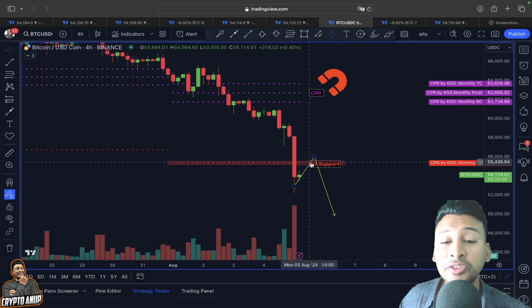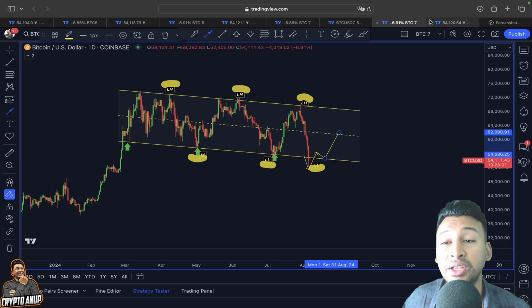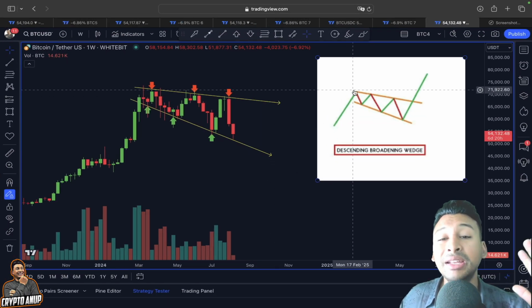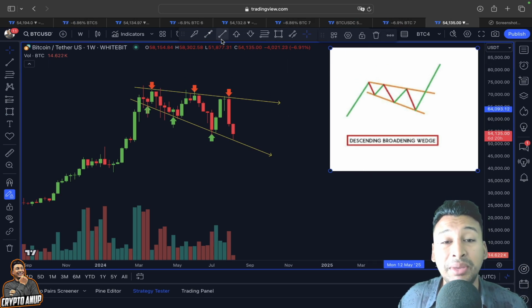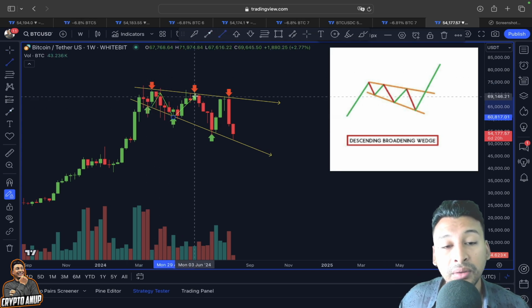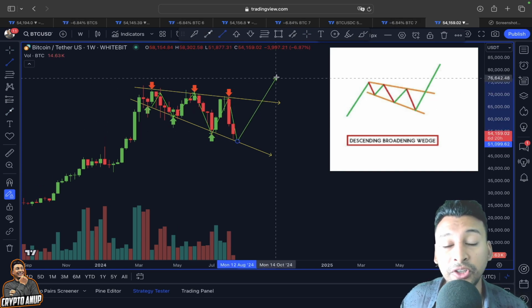We will come across this monthly S1 line, and in that case 60,000 again will be attracting us, because we know price has tested some of the key lines of support after getting attracted to this 52,000. I mean this lower trend line, which has always acted as a line of support for Bitcoin, might be preparing itself for another bullish continuation like this.